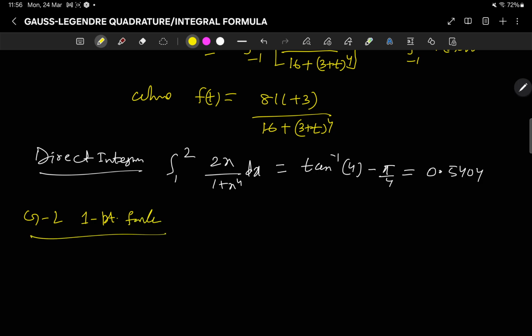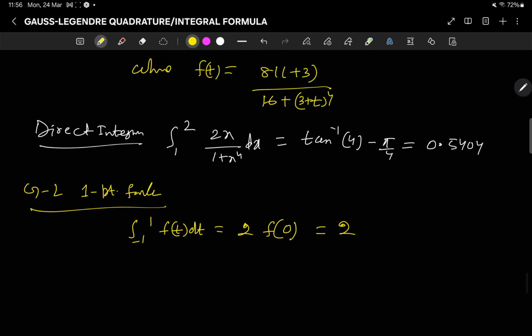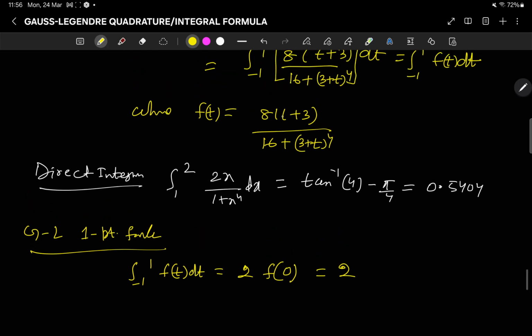Okay, now here Gauss Legendre 1 point formula. Here integral minus 1 to 1 of f(t) dt becomes twice f of 0. So this is equal to twice, putting here t is equal to 0, twice 24 divided by 16 plus 81, which is equal to 0.4948.